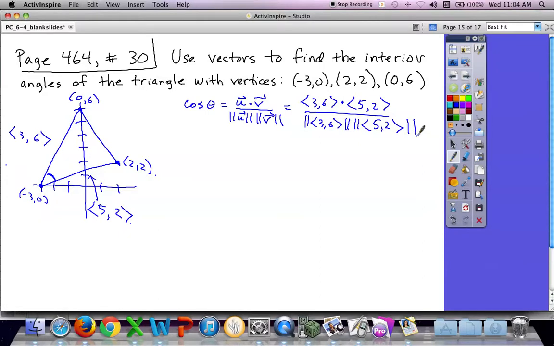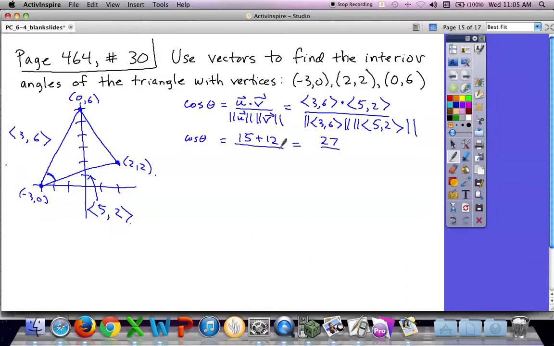We've done this, right? We found the angle between two vectors. At this point, you're just doing the same exercise that we've already done. So cosine theta equals <3, 6> dotted with <5, 2>, which is 15 plus 12 equals 27.